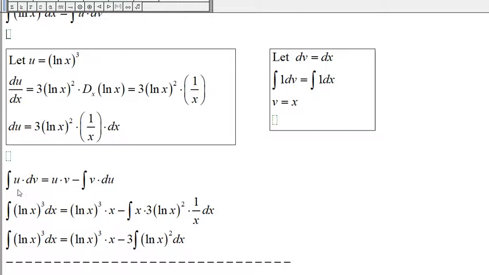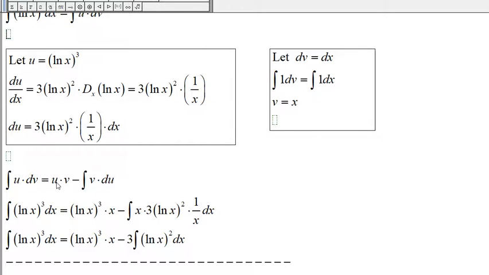Once again, the integration by parts formula is the integral of u times dv is equal to u times v minus the integral of v times du.